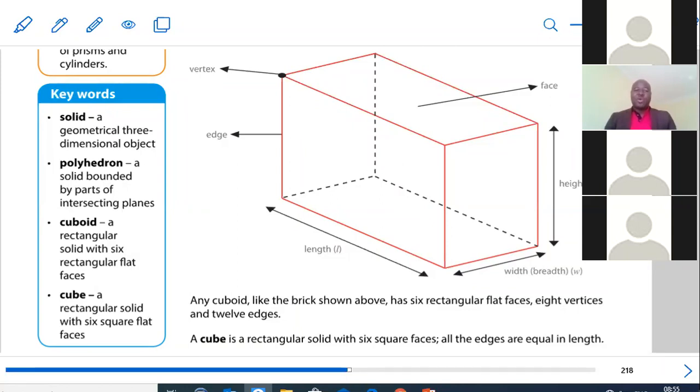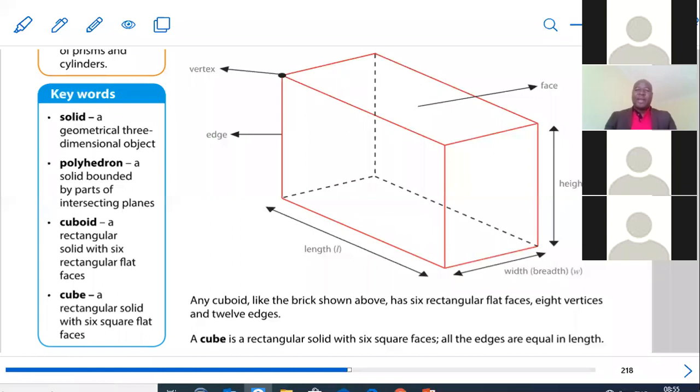A cuboid is a rectangular solid with 6 rectangular flat faces. And the cube is different from the cuboid in that a cube consists of 6 square flat faces. So that is the difference between the two.